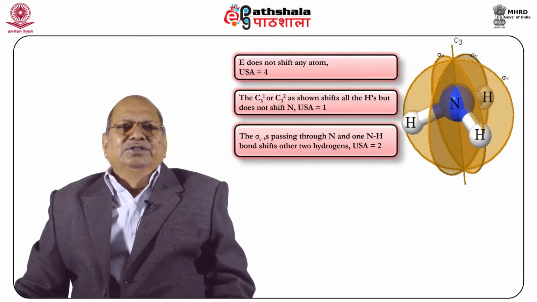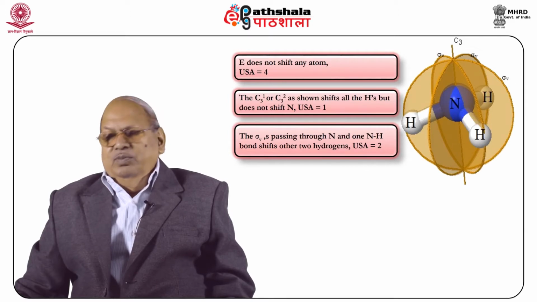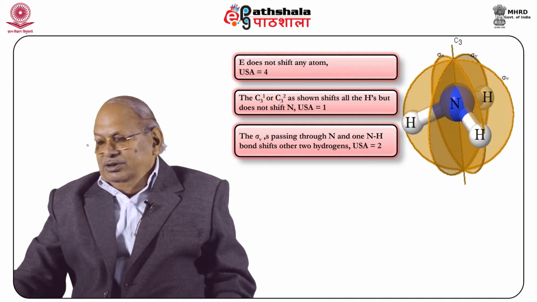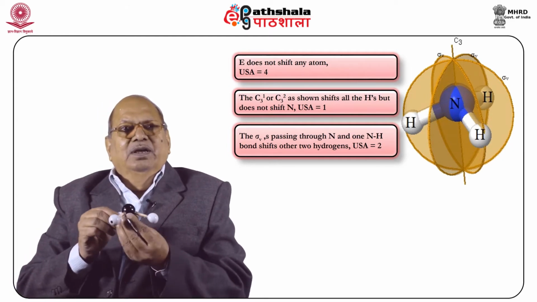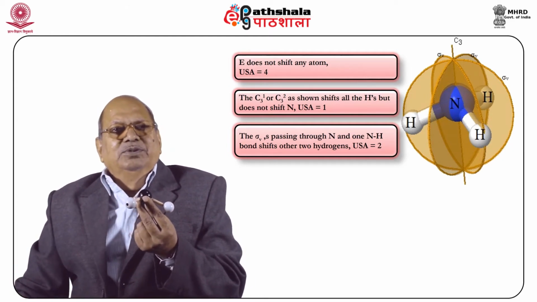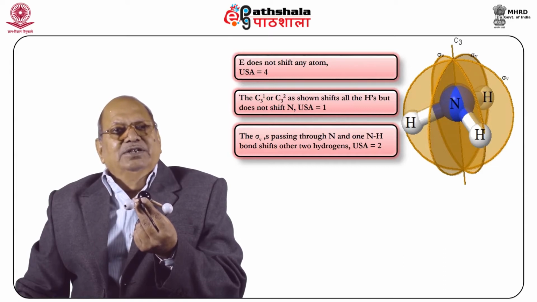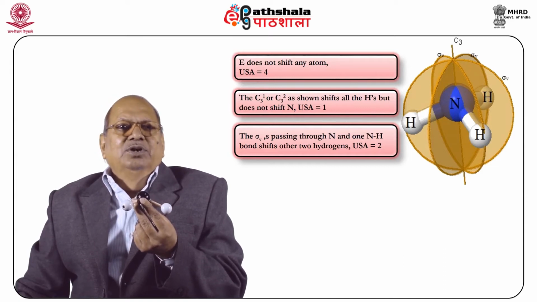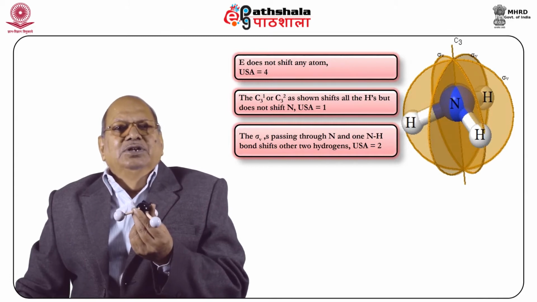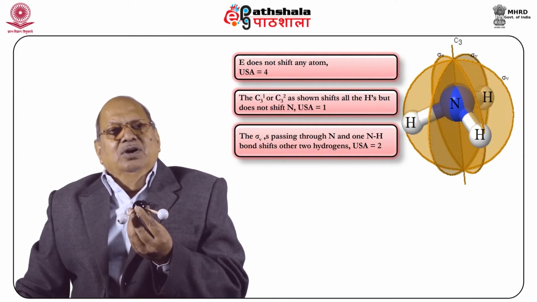Let us take another simple example, that is the C3v point group. Now this is my C3v point group. How many symmetry operations do you have? E, C3 1, C3 2 and 3 sigmas: sigma v, sigma v dash, sigma v double dash. Now we have to see the effect of these 6 symmetry operations on this molecule.